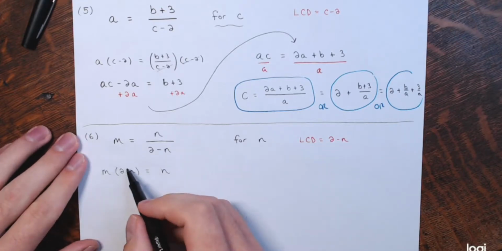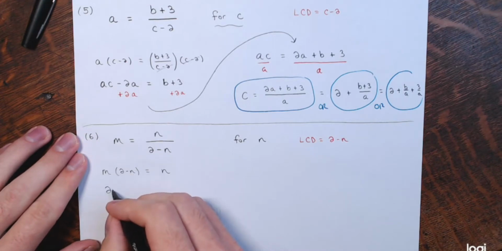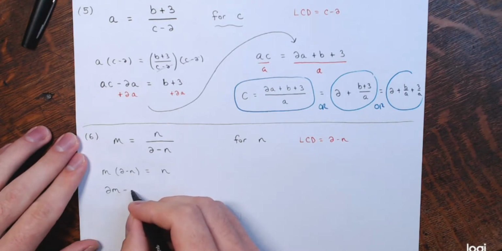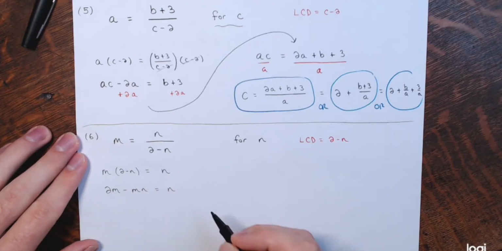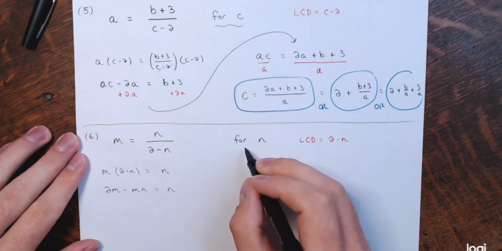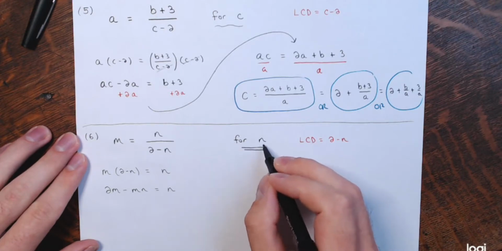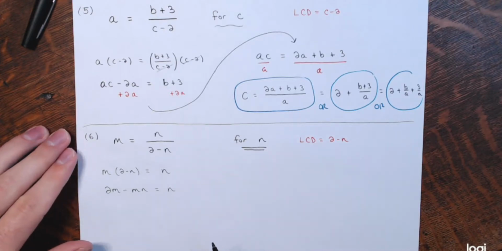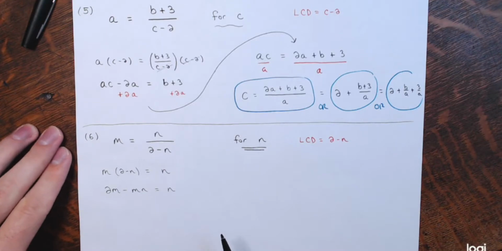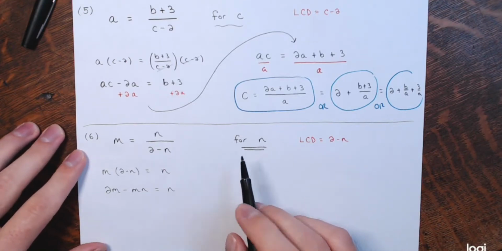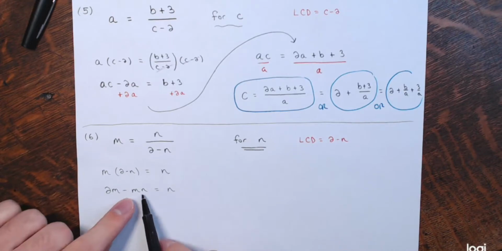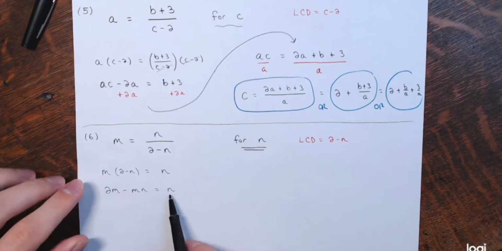Alright, and then we distribute the m over here. That'd be 2m minus m times n equals n. Now that both sides are simplified, again, pay attention to what variable we're asked to solve for. We're asked to solve for n. So I've got a term with n on the left and a term with n on the right.